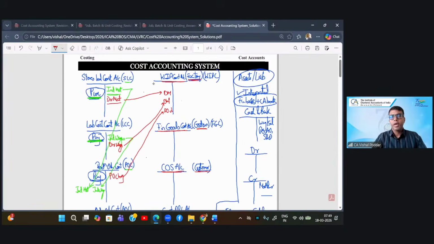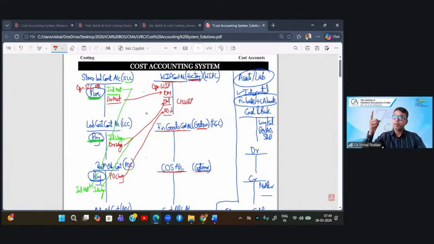Now, you have opening WIP stock. In fact, here you also have opening material stock. So opening stock. Similarly, you have opening WIP and you have closing WIP. Now, interestingly, once you have debited all the expenses which are incurred in the factory, what you get is the factory cost.